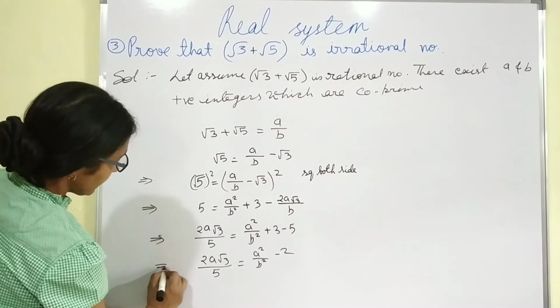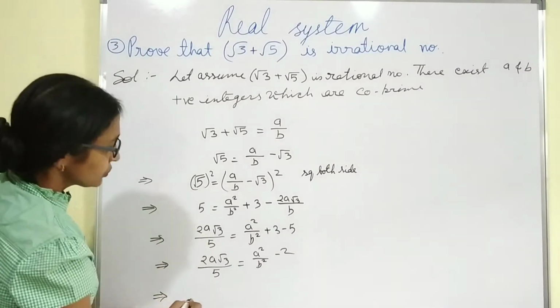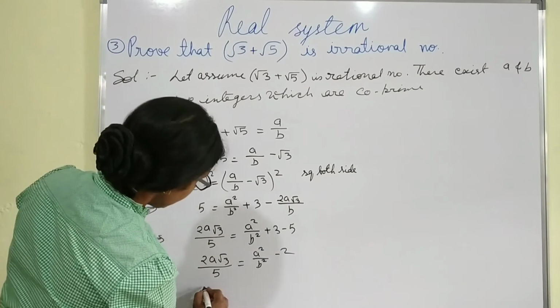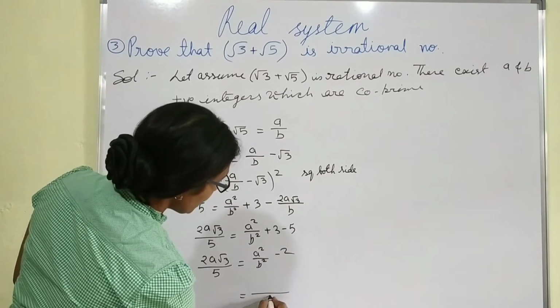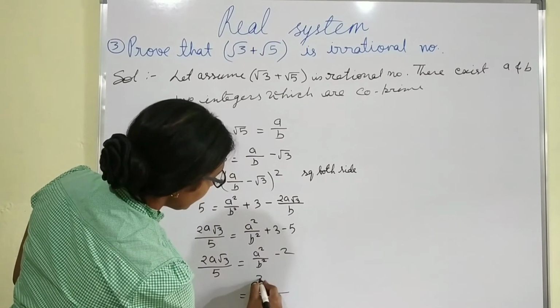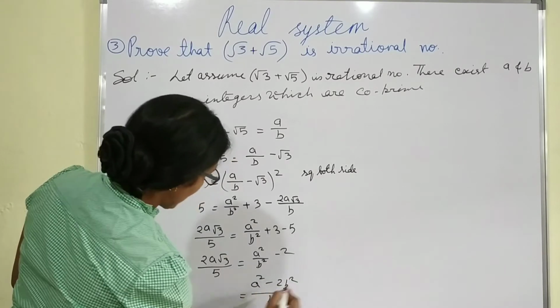Okay. So this equals A square minus 2B square upon B square.